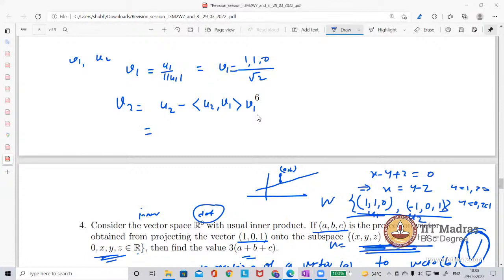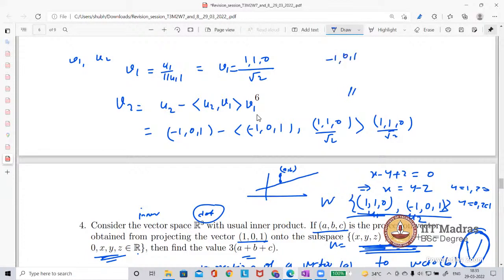V2 still remains, so let's find V2. V2 is U2, which is minus 1, 0, 1, minus the inner product with V1, which is 1, 1, 0 upon root 2, times 1, 1, 0 upon root 2. So this final thing will give maybe minus 1, 0, 1.